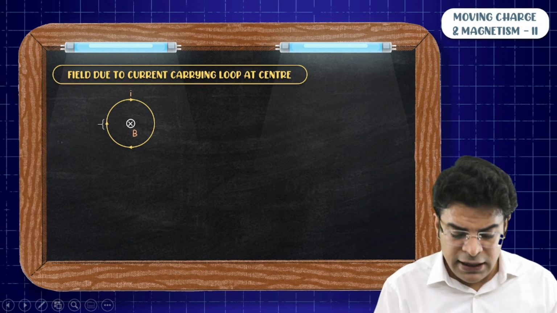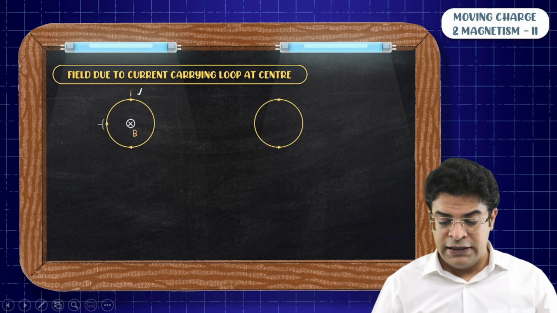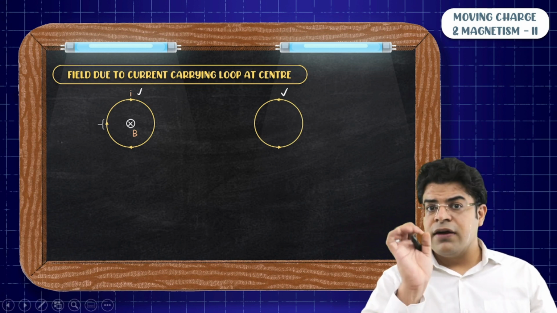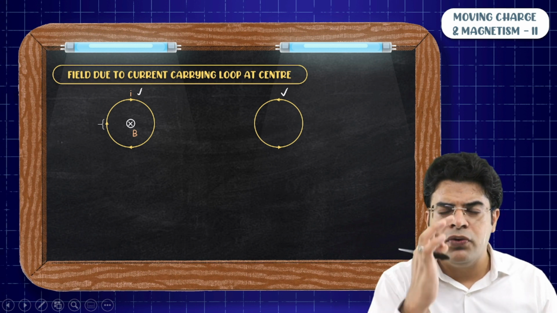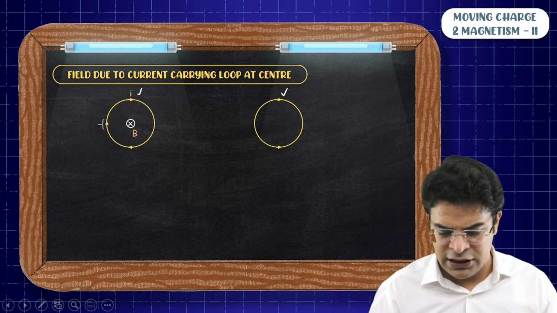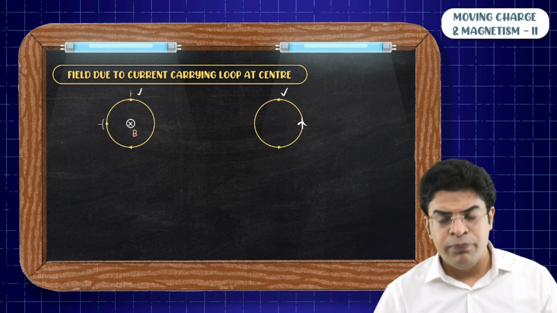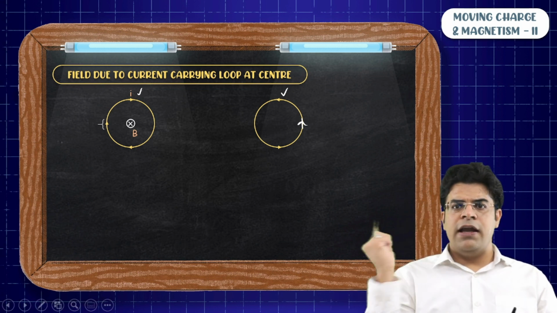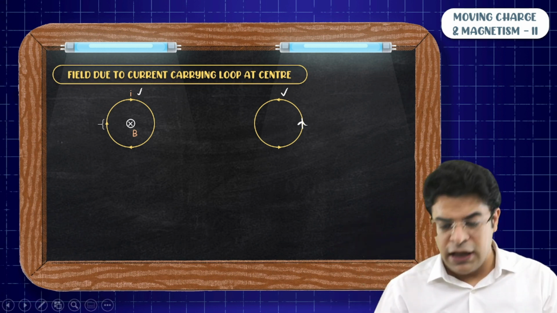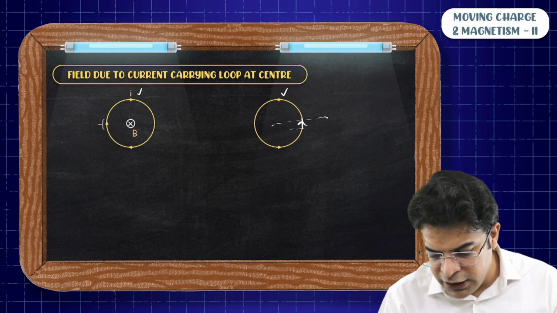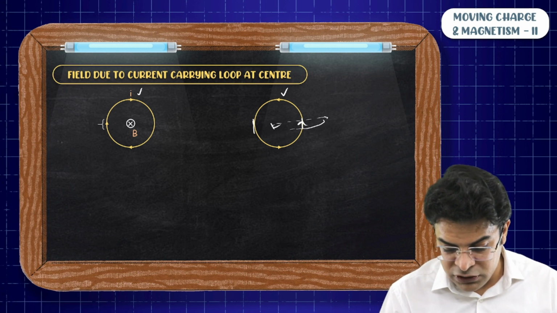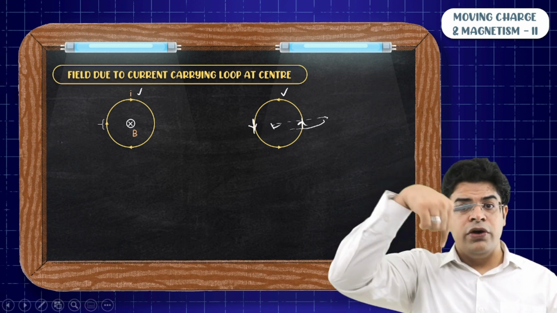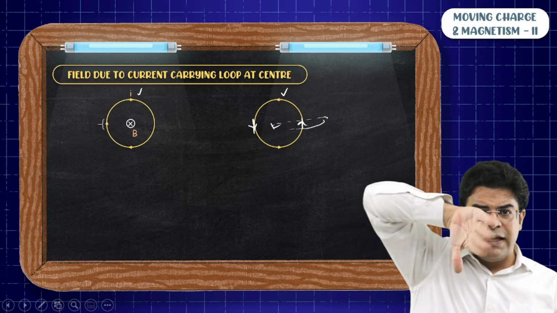What if the current in the loop would have been anti-clockwise rather than clockwise? If the current in the loop is anti-clockwise, then visualize the direction of magnetic field due to each and every element at the center. So if you visualize this element, because of it, the magnetic field line will form circular loops around the element, and at this point the direction of magnetic field will be outward. Similarly, due to this element where the current will be going down, again visualize the magnetic field line.